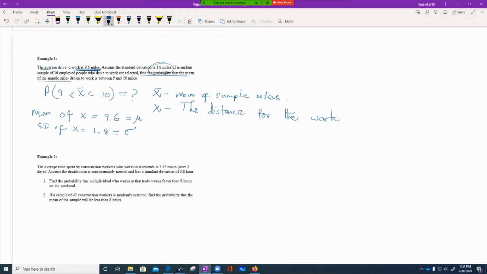Okay, so now I could use the central limit theorem since my sample size is now 36, which is bigger than 30. So you could consider this number as a large sample.